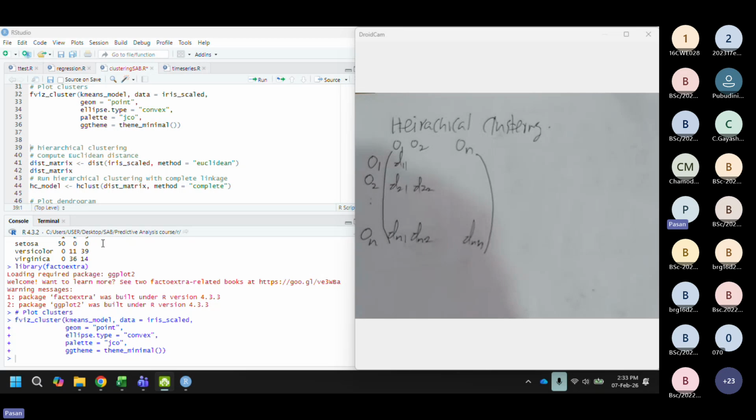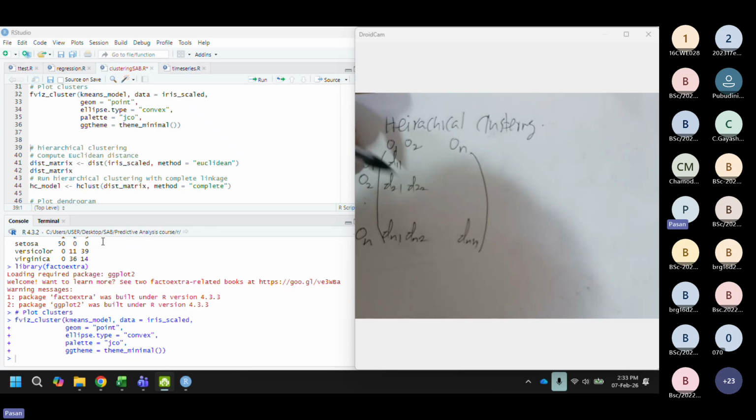Once you take the entire matrix, by looking at all these numbers we can identify which distance is the smallest. There can be several observations that have the smallest number.